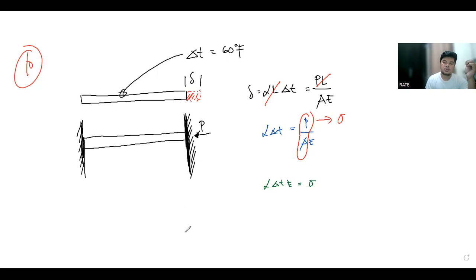If we multiply all the remaining data, we have alpha, 8 times 10 to the power of negative 6 per degree Fahrenheit.